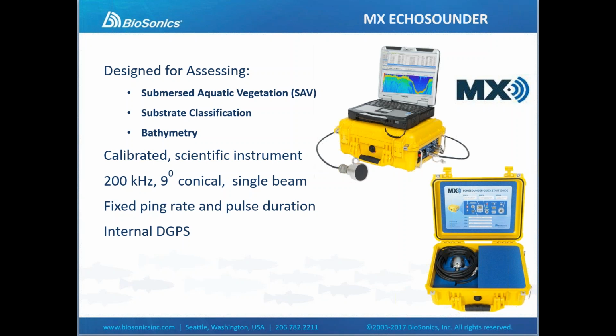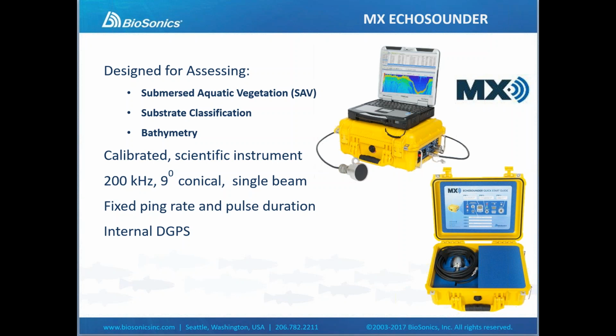With the MX system, it employs a 200 kilohertz single beam transducer. 200 kilohertz gives enough resolution to detect the plants quite well, and that transducer has a 9-degree beam angle. The ping rate and pulse duration are both fixed.